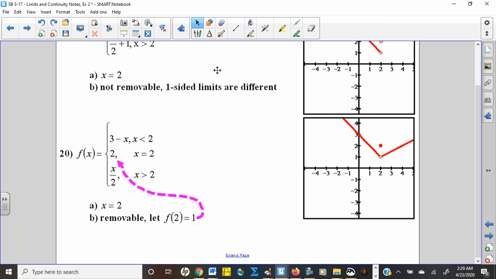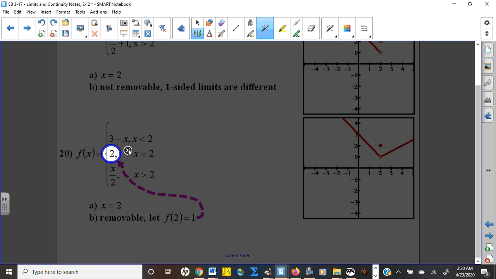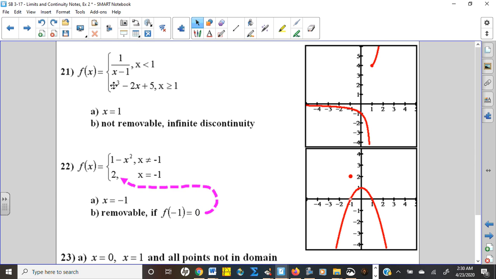Yeah, a removable discontinuity by definition is removable. What were the reasons for my answer? Well, if I change this value right here, if instead of having the function have a height of 2 when x is equal to 2, I let it have a height of 1, well, boom, you just plugged that discontinuity, didn't you? And so that's number 20.